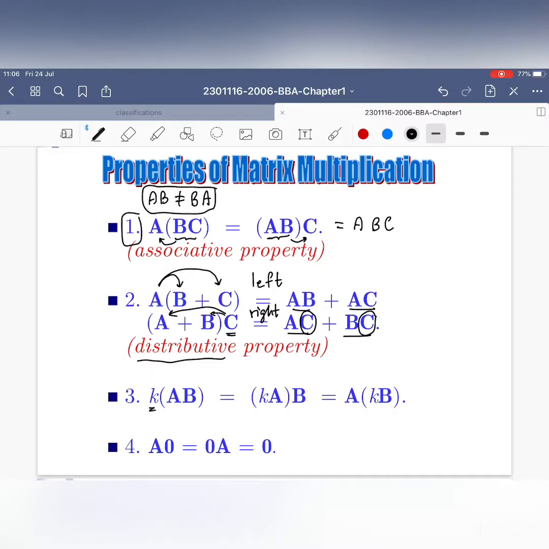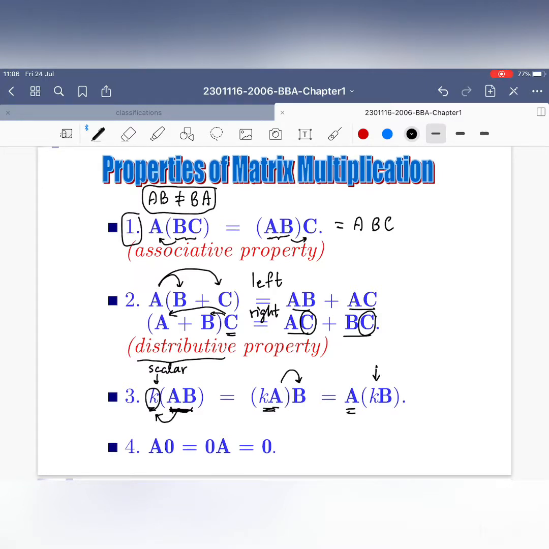If you got a scalar, this one is just number, or in this chapter we call scalar, multiply with the multiplication of A and B. Then you can do A multiply B first, followed by the multiplication of K, or you can do KA first and then multiply with B, or you can, because this K is a scalar, so your K can multiply with B first and then after that multiply with your matrix A. But again, you cannot switch the order.